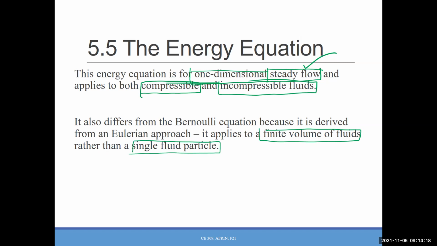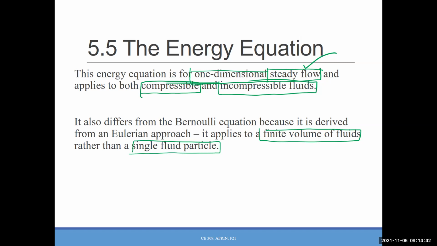Though we came from two different approaches, eventually we come up with a similar expression. Since this equation can be used for compressible and incompressible fluid, it is the most comprehensive energy equation you can have for steady flow, not for unsteady, only for steady flow, okay?